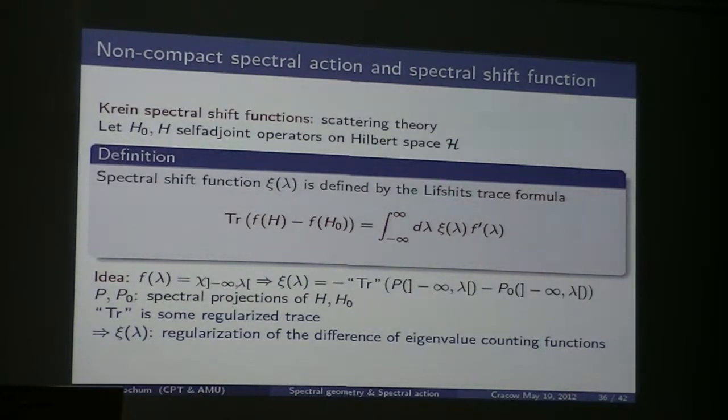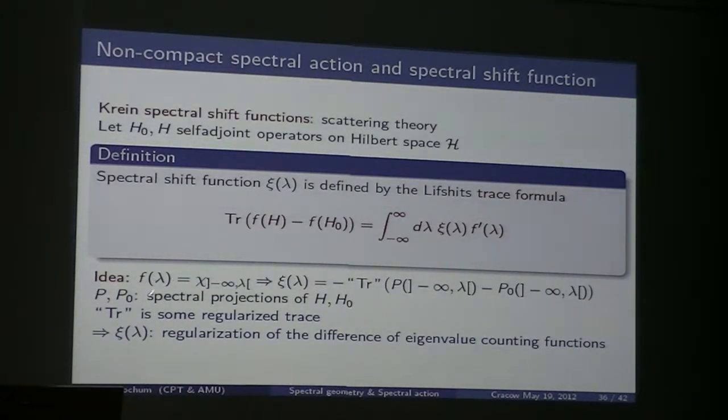Lifshitz is Landau-Lifshitz, the famous physicist. The Lifshitz trace formula: the trace of f(H) minus f(H_0), where H could be seen as a fluctuation of H_0, is like this. It's the integral of f prime times psi of lambda, and this is the definition in some sense of psi. We'll see later on a better definition, but that's the idea.